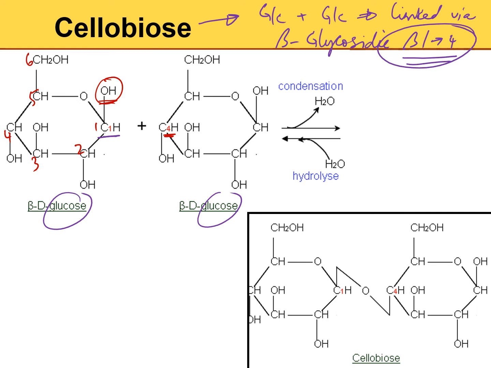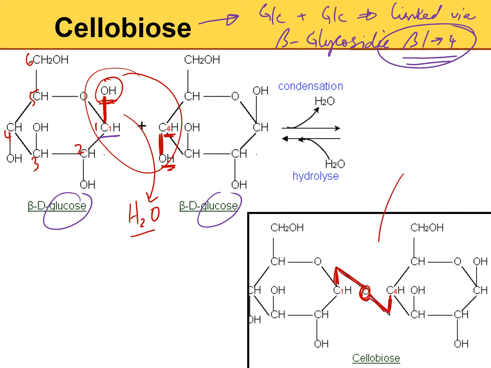So you have two beta reacting. This is going to react, and what has to happen is, this OH and that OH, and the water comes out, and the one O stays in the middle. And since you have this bond up and one bond down, then you have to have up here and down here, and the O that you have stays in the middle, and you get this really weird looking bond, and that is a beta 1,4 glycosidic bond.